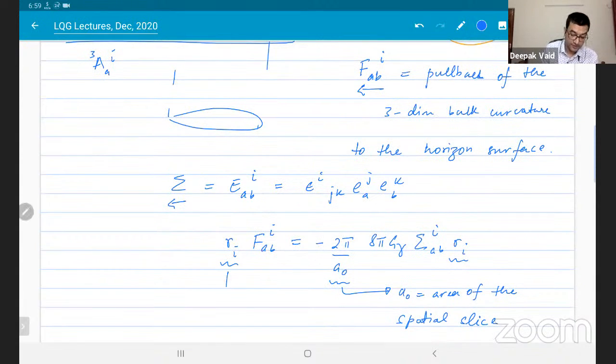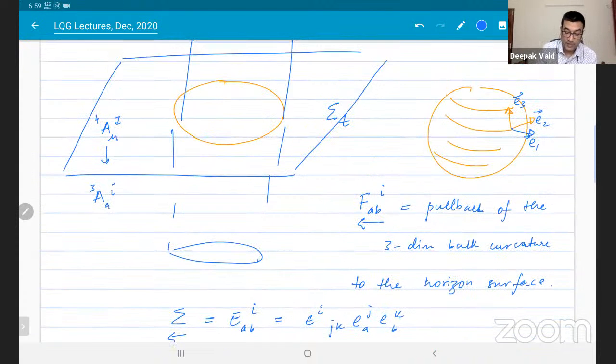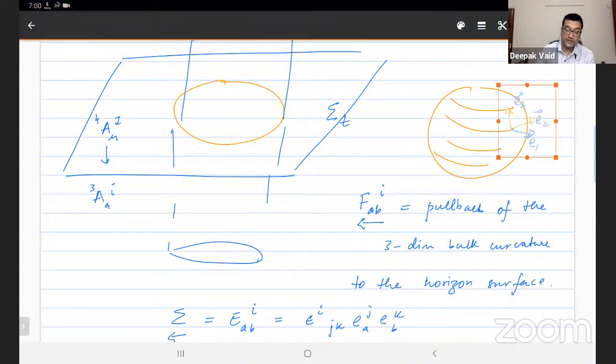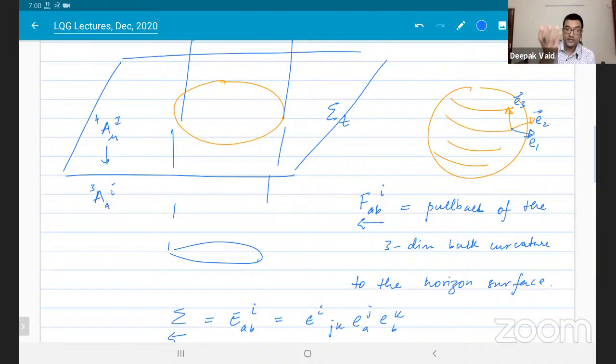fixes your connection. So this is like a gauge fixing. It's sort of like when you make the choice of this triad, right? You are fixing your gauge, because you remember that your theory has local SU2 gauge invariance, and that SU2 gauge invariance corresponds to the fact that your triads can be locally rotated, right, under SU2 transformations.